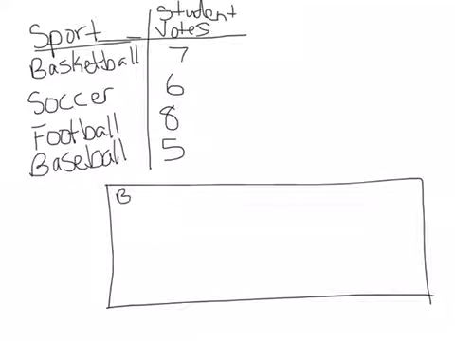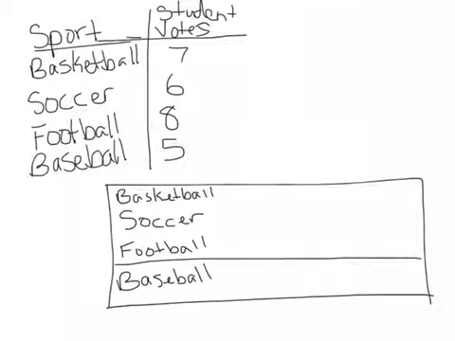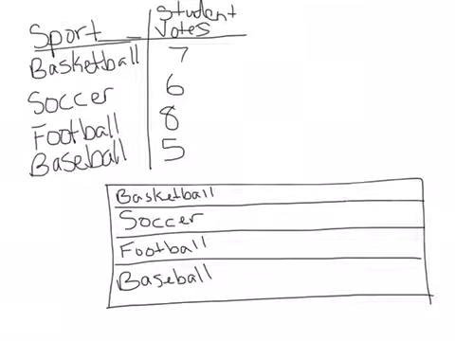So we have basketball as our first choice, then soccer, then football. Make sure you're writing this on your whiteboard, and then baseball. And we're going to separate each sport from each other all the way through, and then we're going to separate the sport from the number of student votes by making a vertical line.